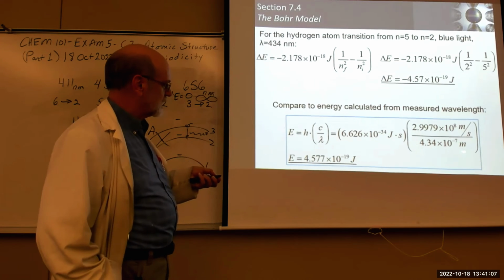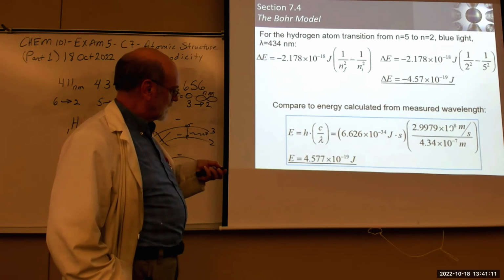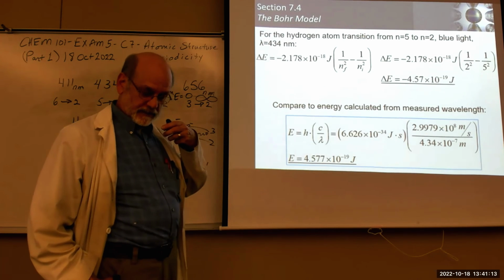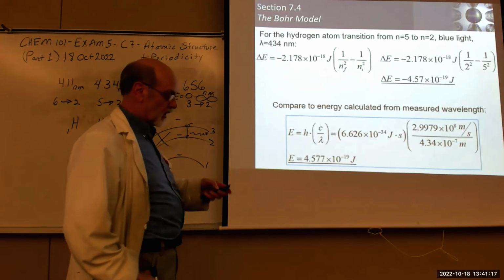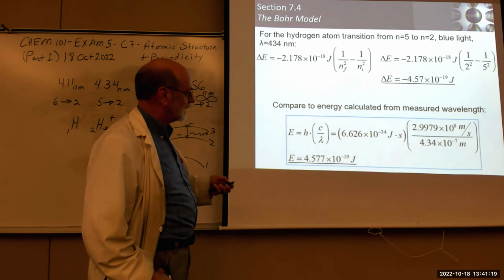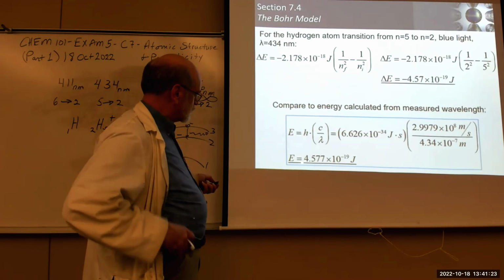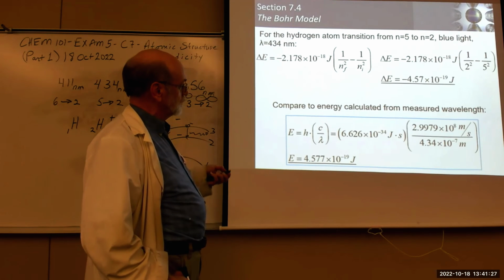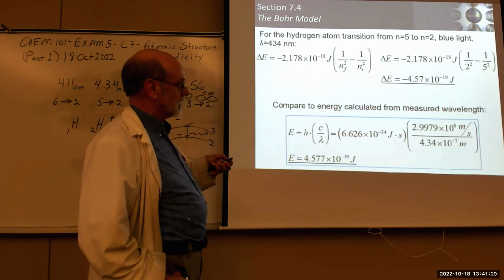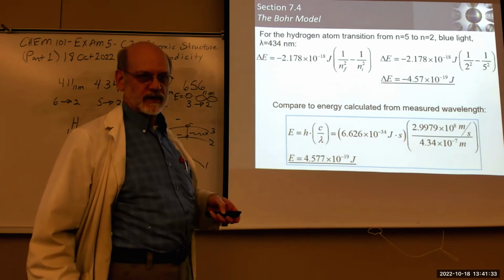So this is the frequency, over here in Planck's equation. And this is Planck's constant. Then we calculate that the energy should be 4.577 times 10 to the minus 19th joules, and it's pretty close, right, within very small experimental error.